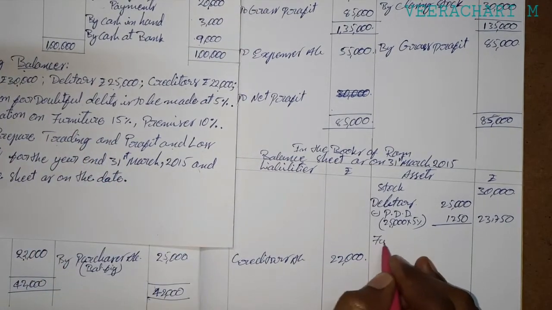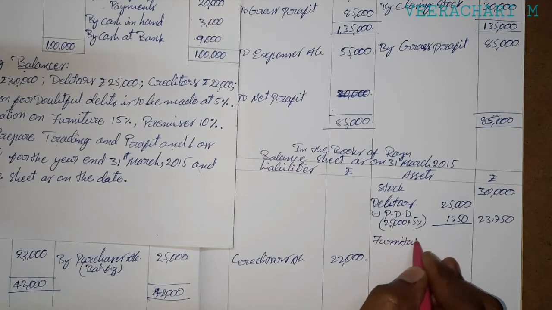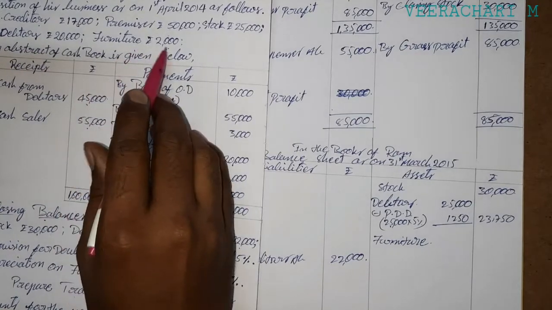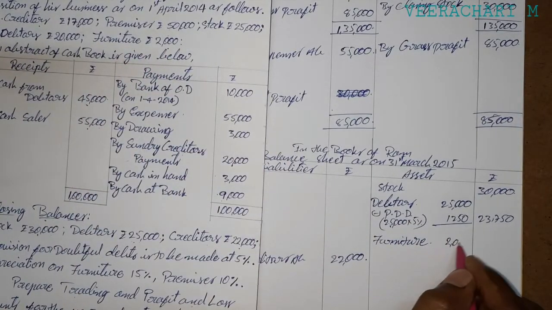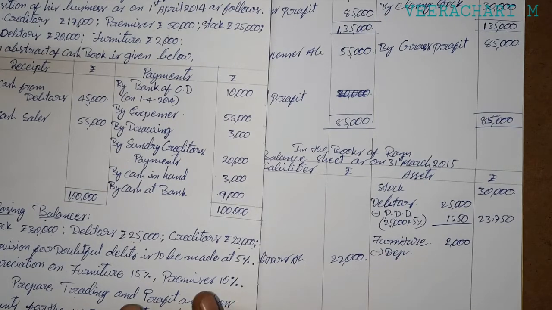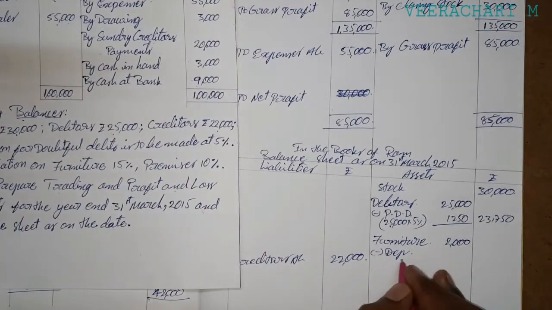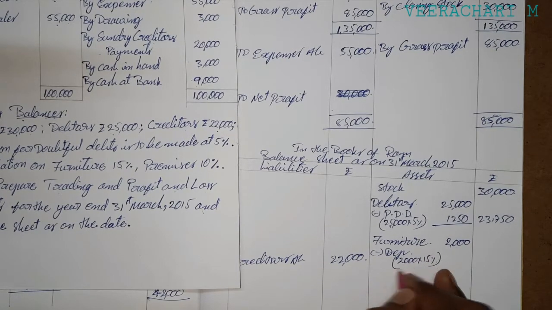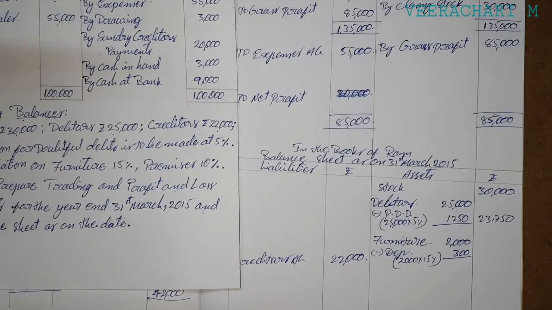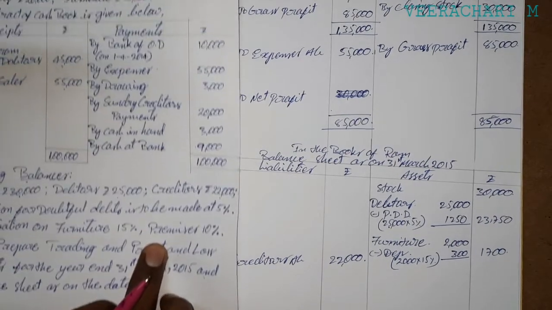The opening value of the furniture is 2,000. On this 2,000 you can compute less depreciation, that is 15%. 2,000 into 15%, which is equal to 300. Now remaining amount is 1,700.